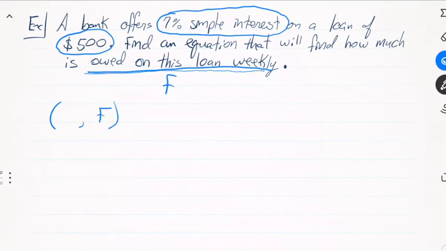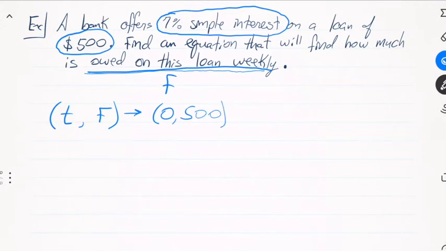What's going to go in the first location is what we use to find the future value, which in this case is based on time. So I'm going to put t over here. This is the order of our coordinates: we input time, and it generates some future value. So the first point is time 0 and our balance of $500.